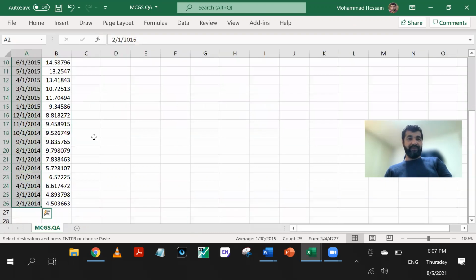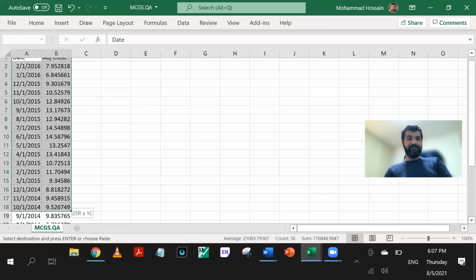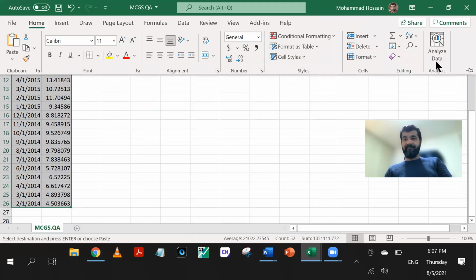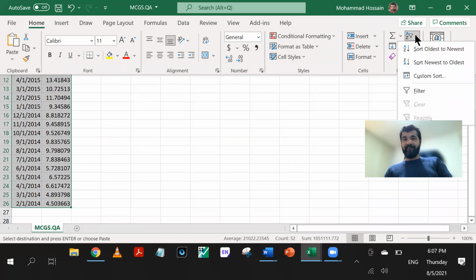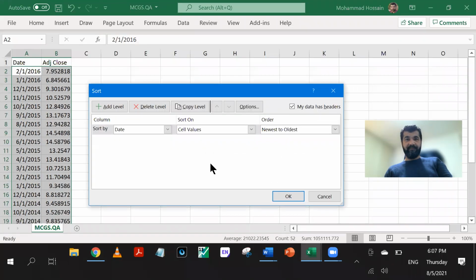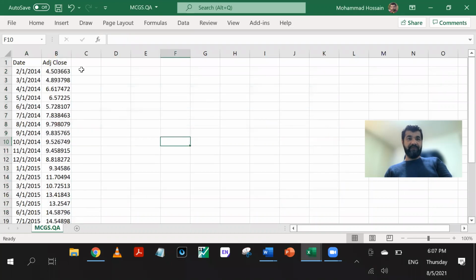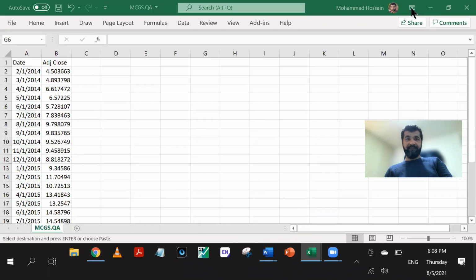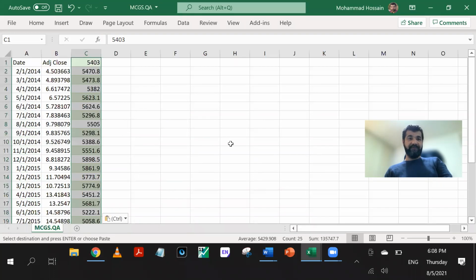And now this is the way I'll change them to. Date. Not oldest to newest. Okay. We put it here. The other one that I just selected here. Copy. This is for.